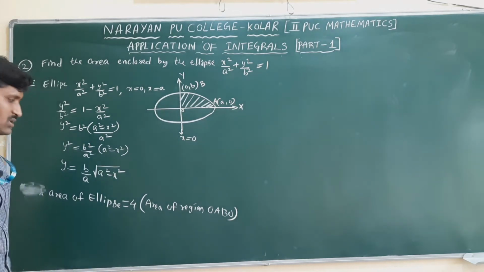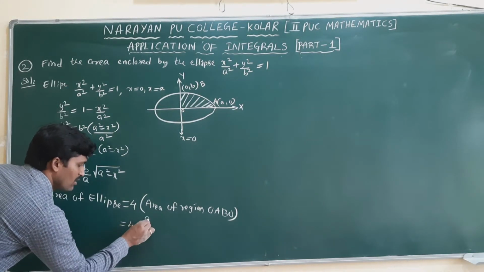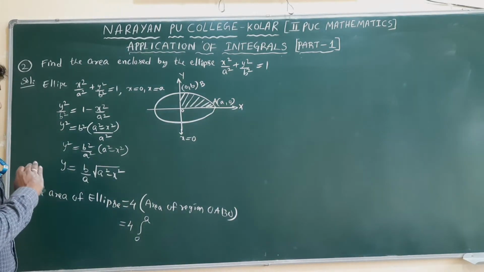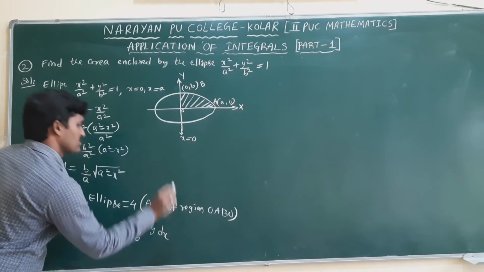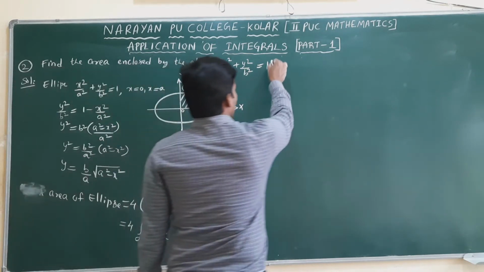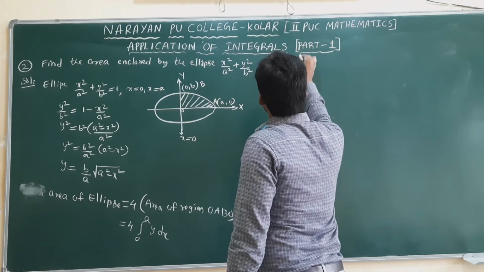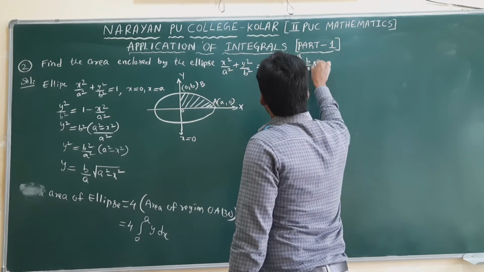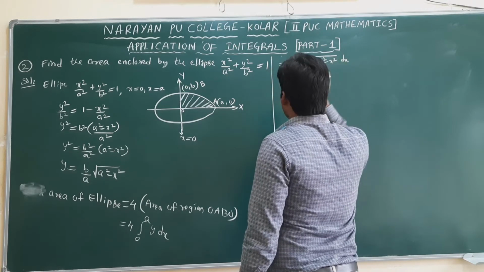So 4 into, what are the limits? 0 to a, I am doing it with respect to x-axis only. 0 to a, y dx. And what is the y value we know already? 4 into integral 0 to a, b by a into root of a square minus x square dx.